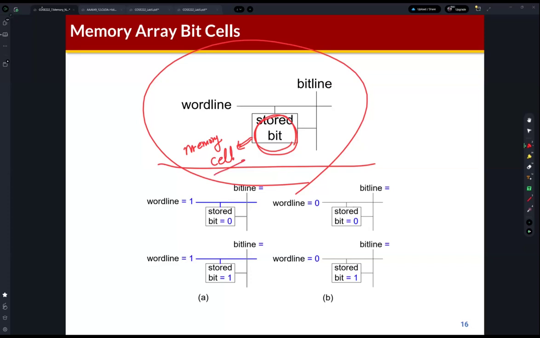This memory cell is connected to the word line and the bit line. The word line is used for activating or deactivating this memory cell. So what does that mean?